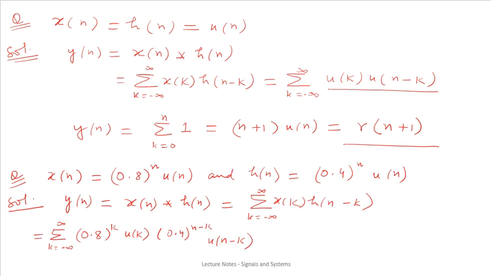Similar to the last problem, the limits now will have to be modified, the same as we had done in the last problem, from 0 to n. So 0.8 raised to the power k, 0.4 raised to the power n minus k. Now you just have to simplify this. This becomes a simple problem of mathematics.